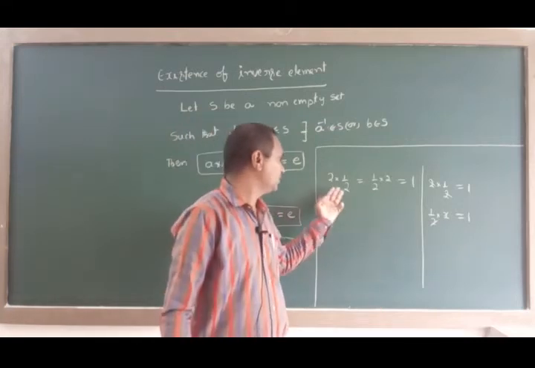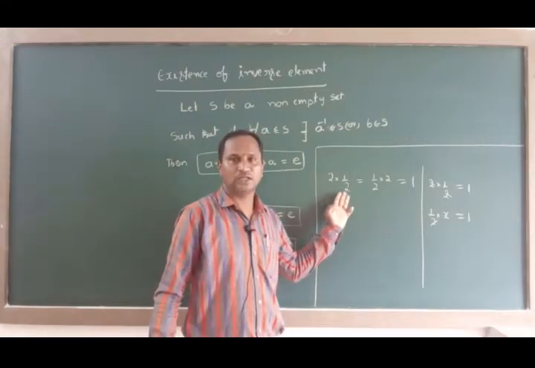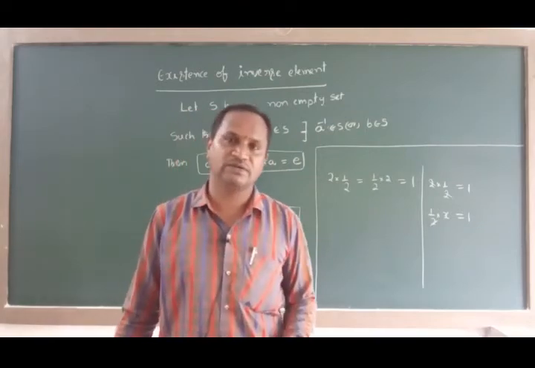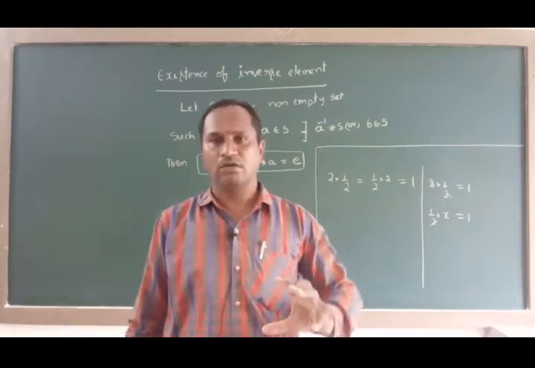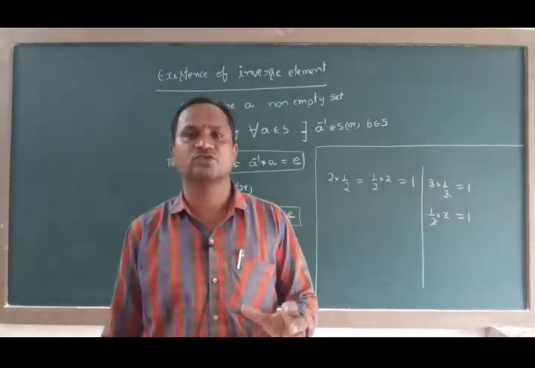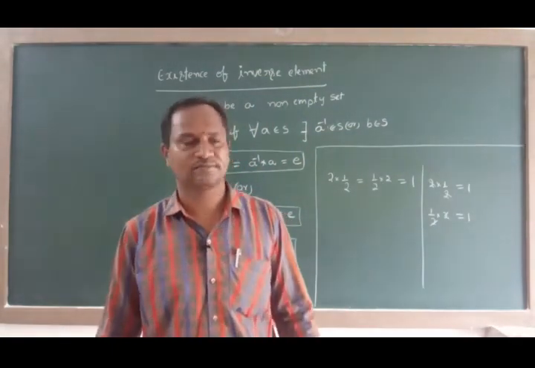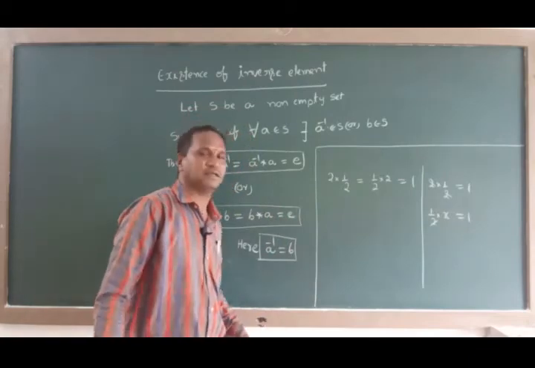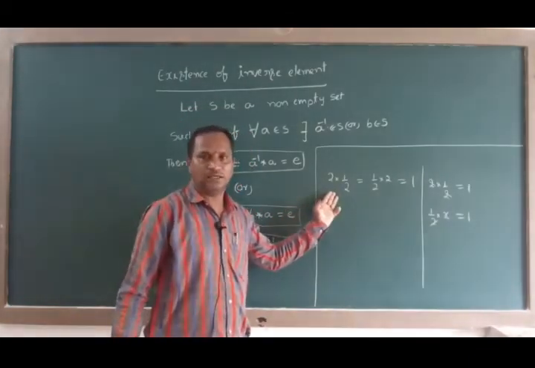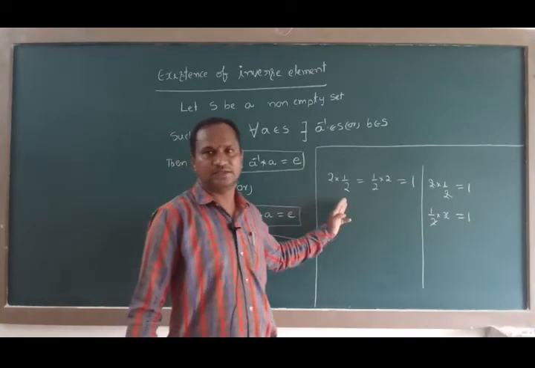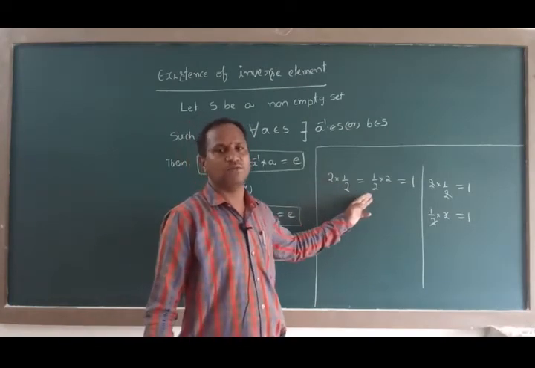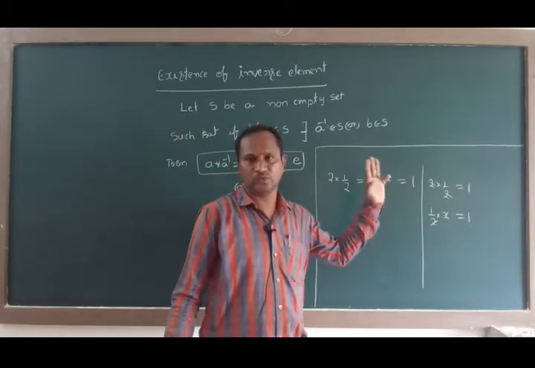That's what here, 2 and 1 by 2, 3 and 1 by 3, or 6 and 1 by 6, 5 and 1 by 5, they are all inverse elements of each other respectively. Like that, we are finding the inverse elements here. By showing this example, easily we can tell 2 is an inverse element of 1 by 2 and 1 by 2 is an inverse element of 2.